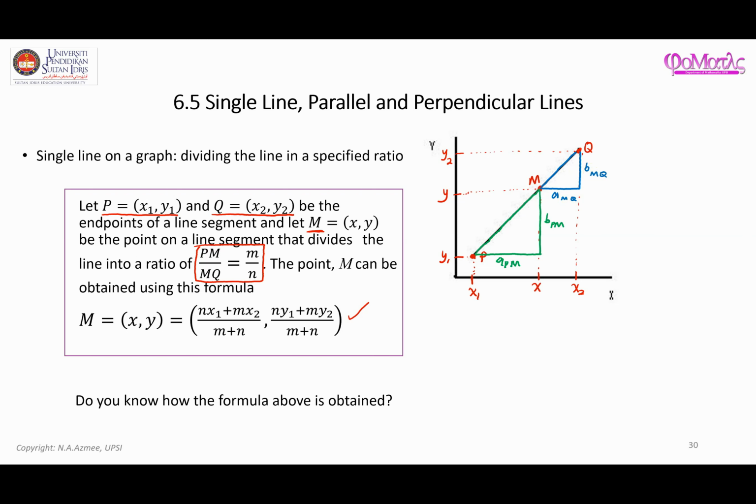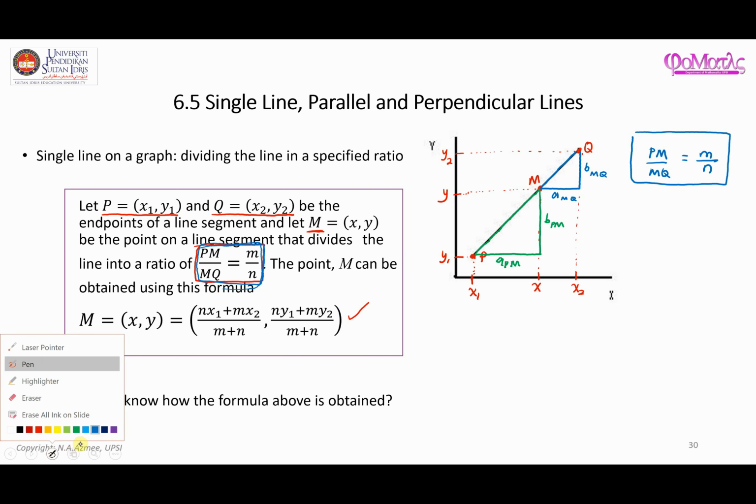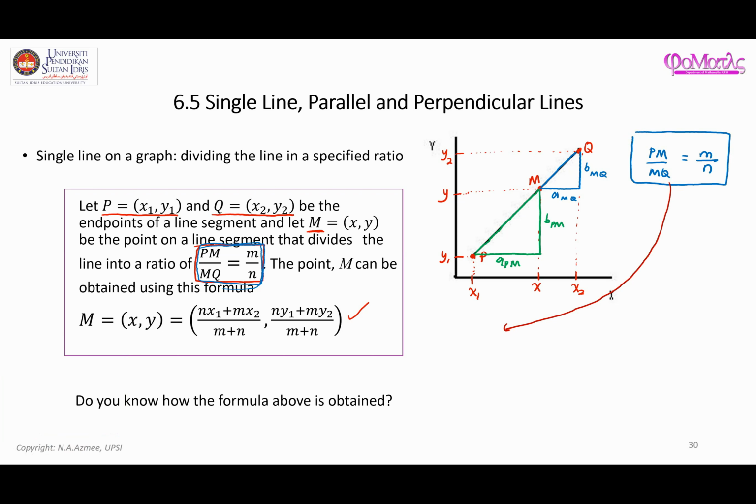Now we have an important definition here, where the distance of PM over MQ is in this ratio. Based on this definition, I can say that the length of A_PM over the length of A_MQ must also follow the same ratio.